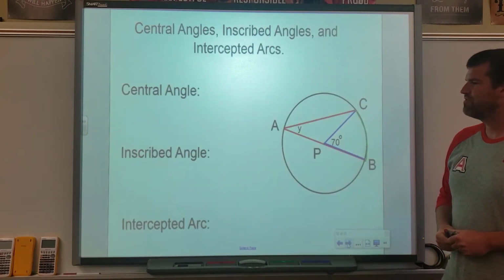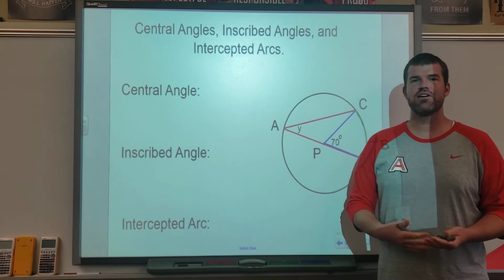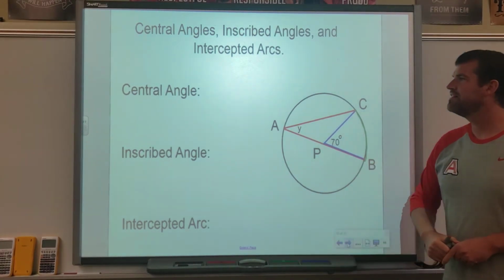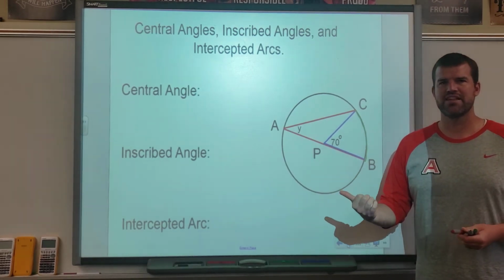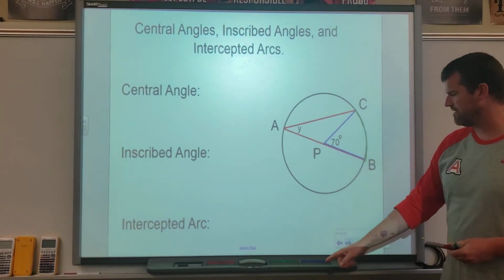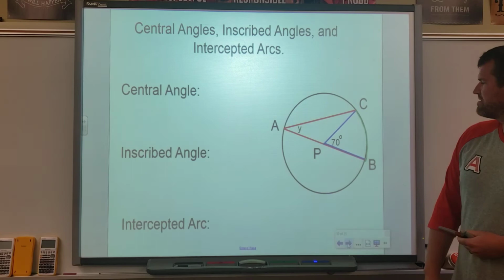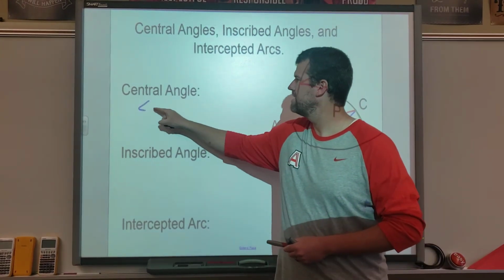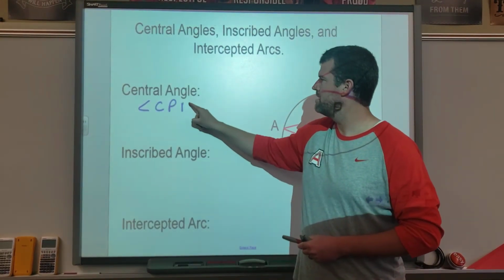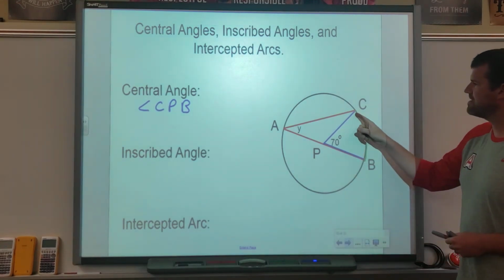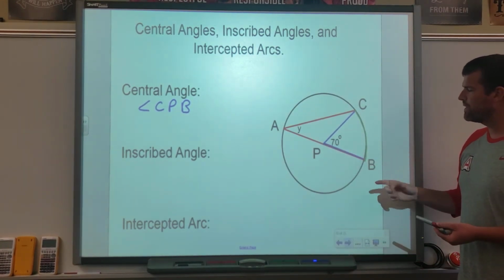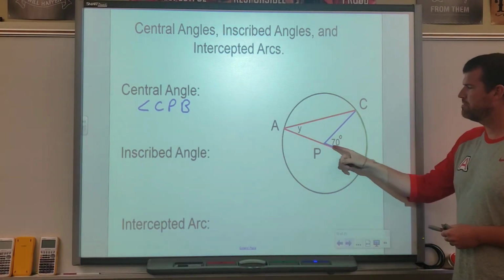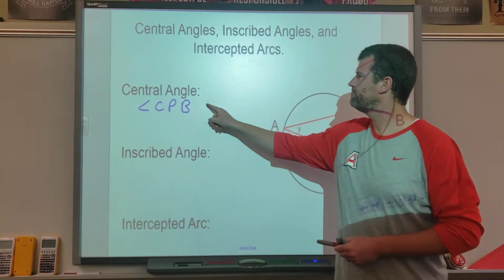All right, so again, this key vocabulary, we're going to use it a lot. Central angle. Well, what's the name of the central angle in this? Which angle is my central angle? I know my central angle is angle CPB. Start at C, P is the vertex, B is the other end. Or we could go backwards and call it BPC.